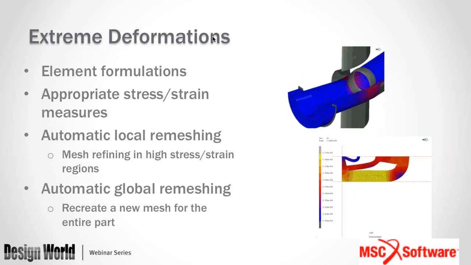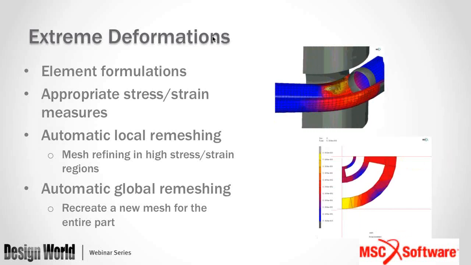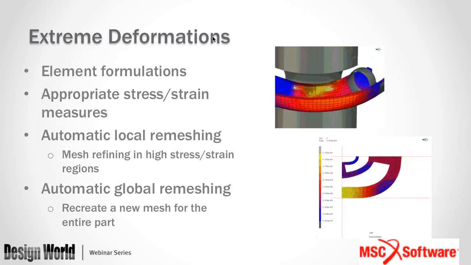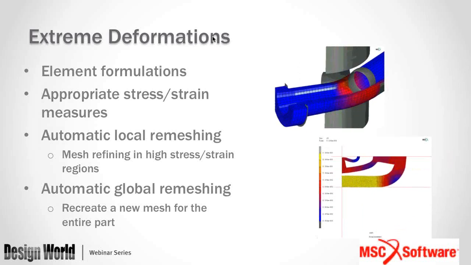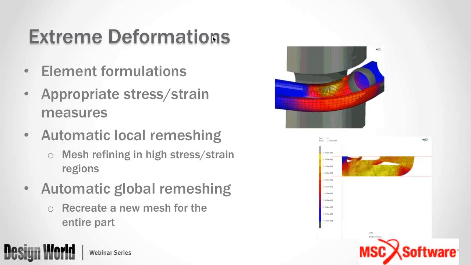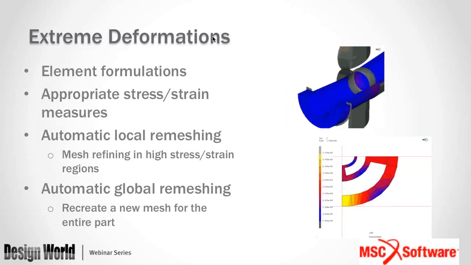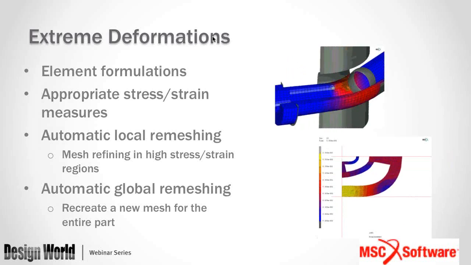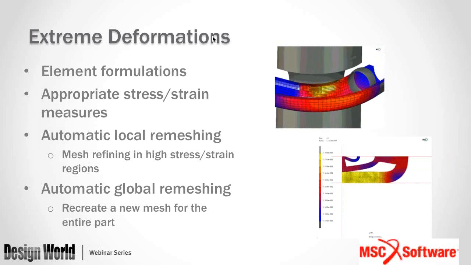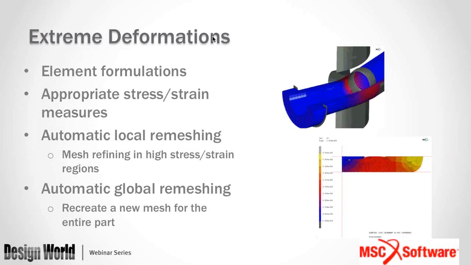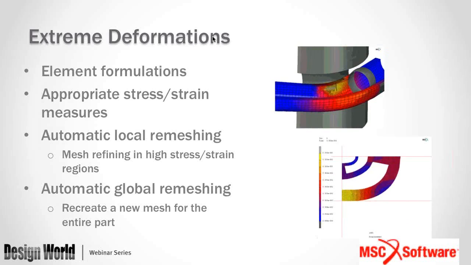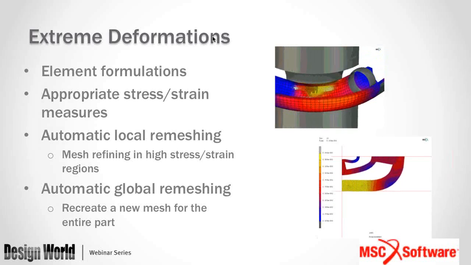So a better approach is to once again use an automatic method. Here, the FEA solver recognizes the need for a new mesh. It looks at the locations where the mesh is highly distorted, and then a new mesh is automatically created.